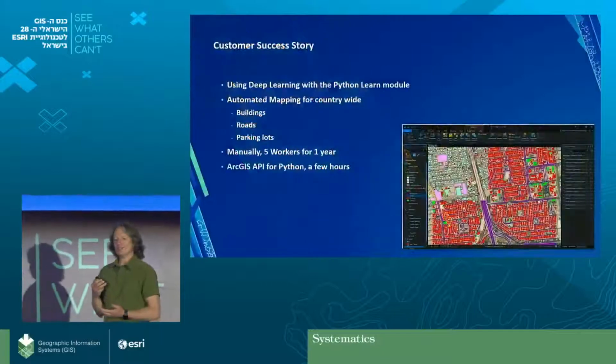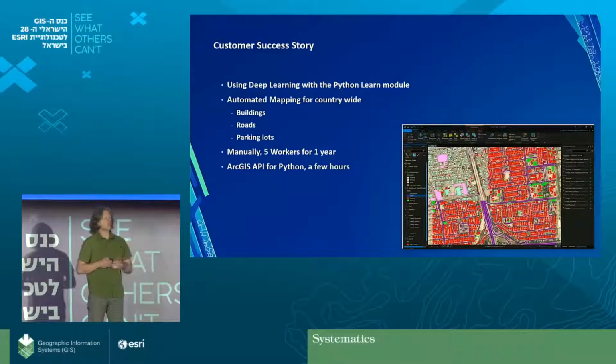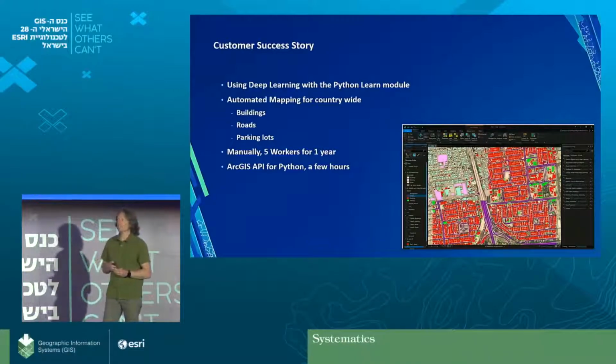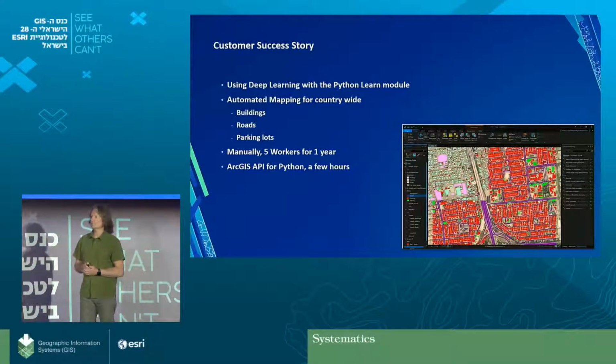So what does that really mean in terms of what you can use in your own work? I think a customer success story is useful here. So we have a customer who's responsible for the national mapping for a country, and they used the tools that Rohit showed you to try and classify buildings, roads, and parking lots.